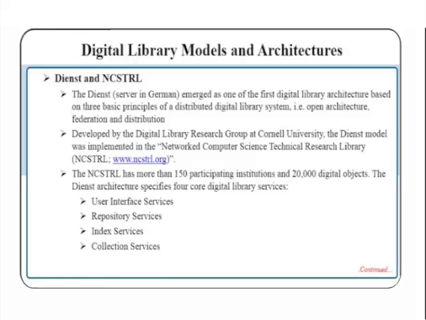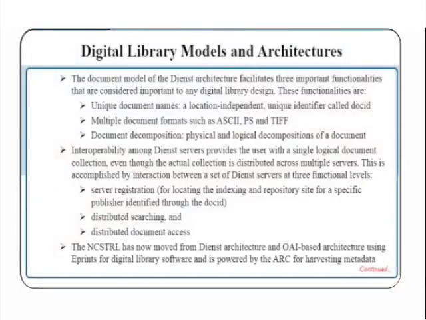The DIENST architecture specifies four core digital library services, that is user interface service, repository service, index service and collection service. The document model of DIENST architecture facilitates three important functionalities that are considered important to any digital library design. These functionalities are unique document name, multiple document formats, and document decomposition, that is physical and logical decomposition of a document.